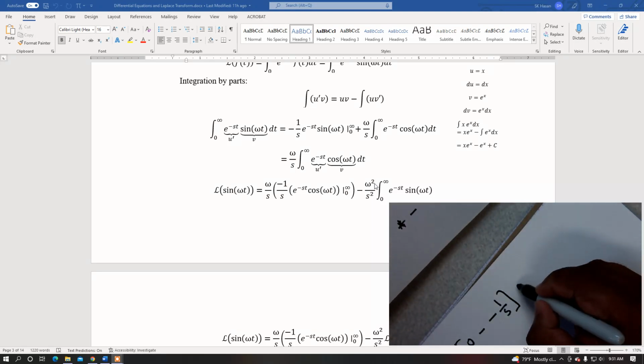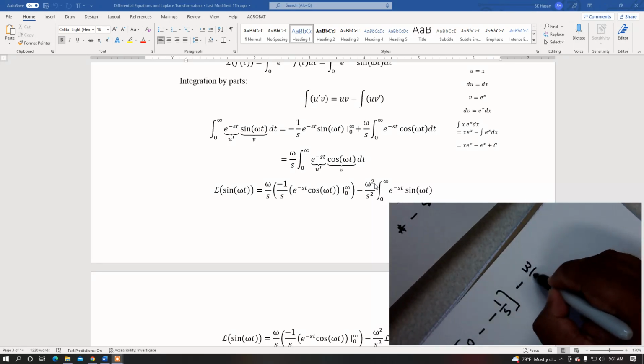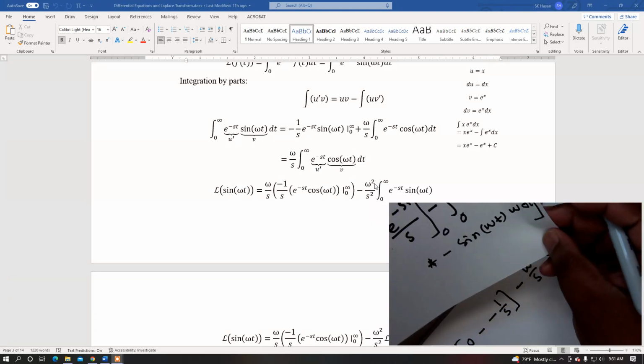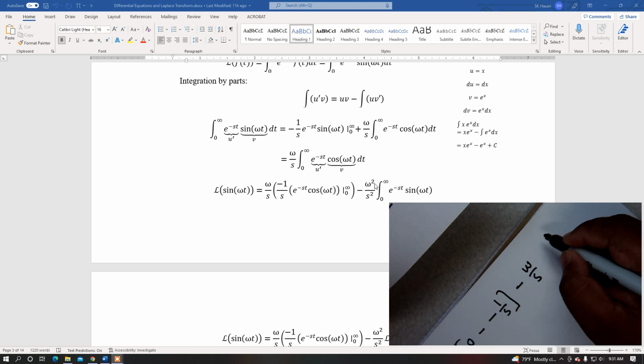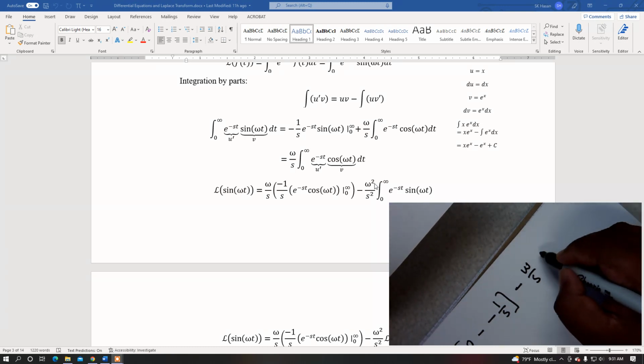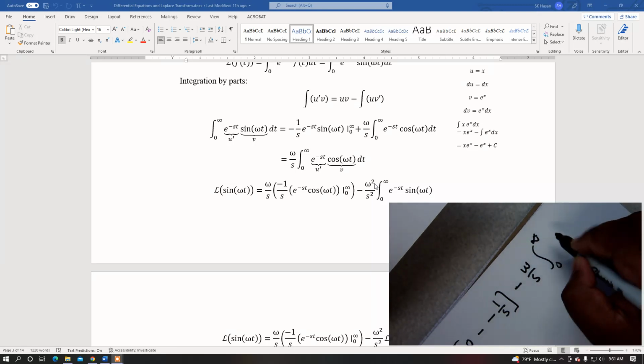And then minus omega over s times the integral from 0 to infinity.